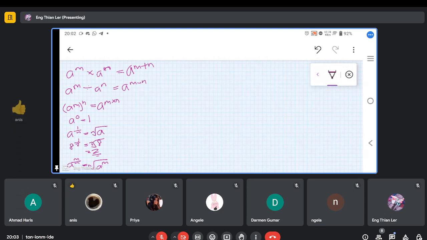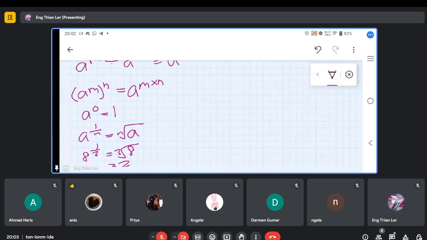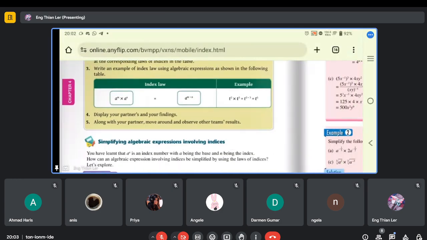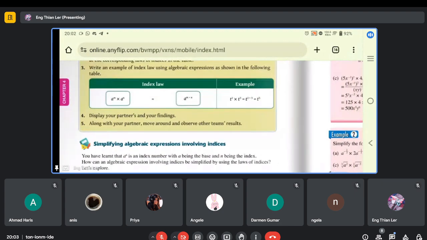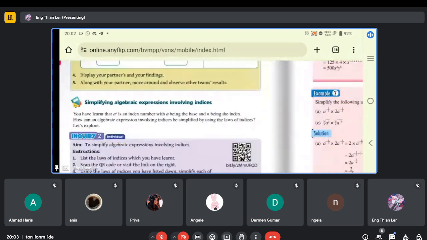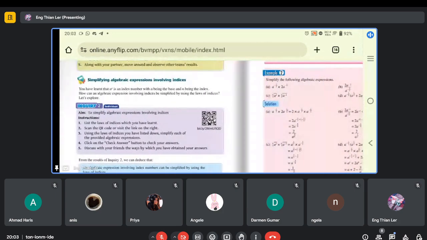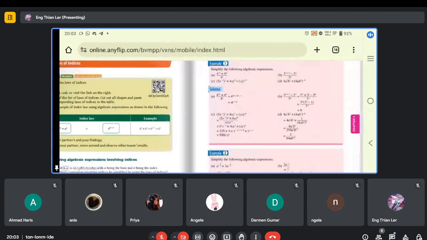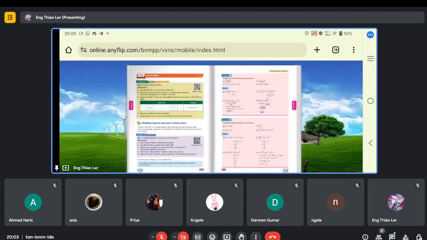Alright. So now we know the law of indices, and we're going to check the textbook. Actually this subtopic is like nothing else because you learned it at Form 3 already. In this you're going to learn how to simplify.